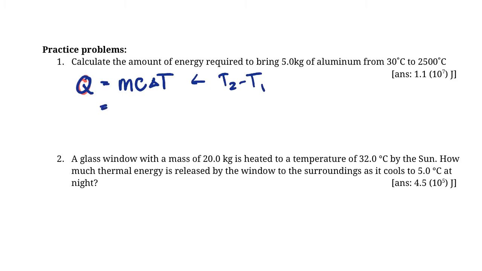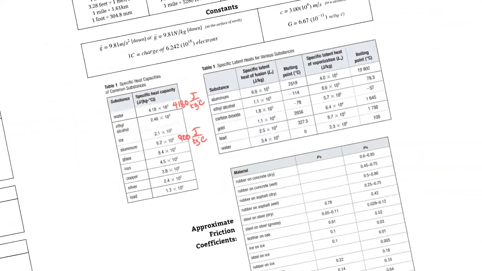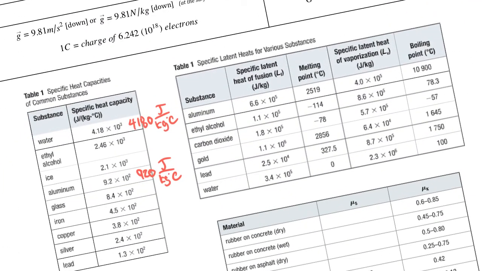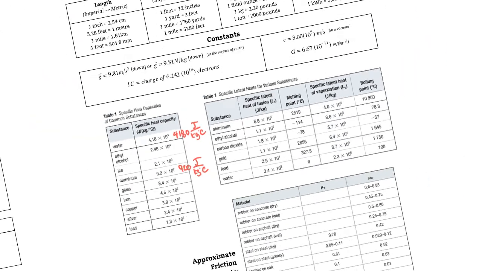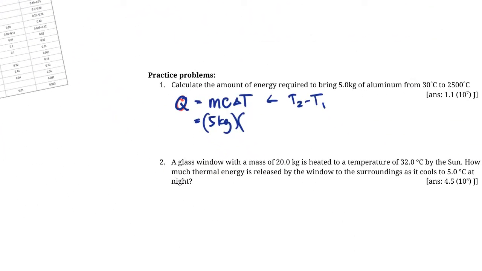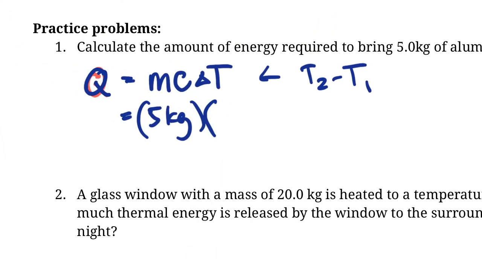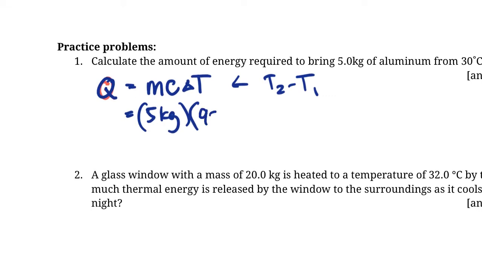So in this equation, mass is going to be 5 kilograms. We're going to include units because we're going to check to make sure they all cancel out. C for aluminum, if you look at your table, again, we looked at this one already, is 920 joules per kilogram degree Celsius, times delta T, the change in temperature.